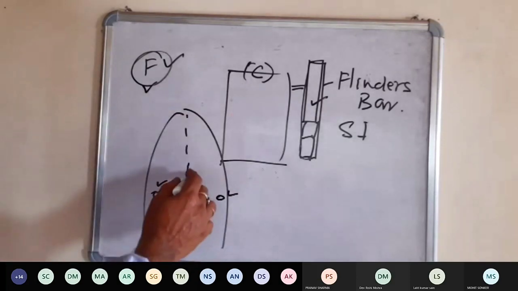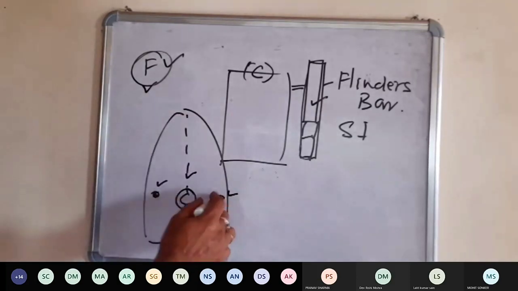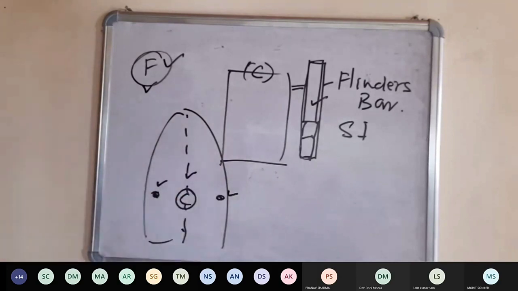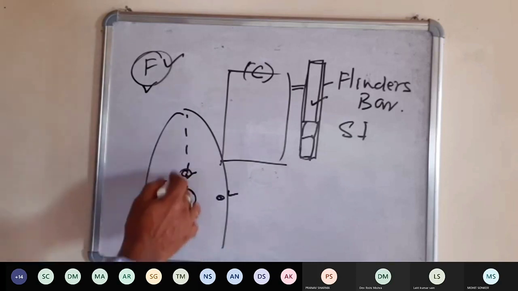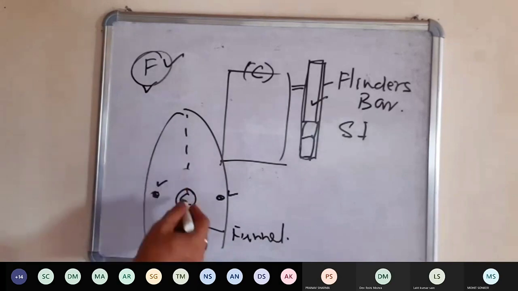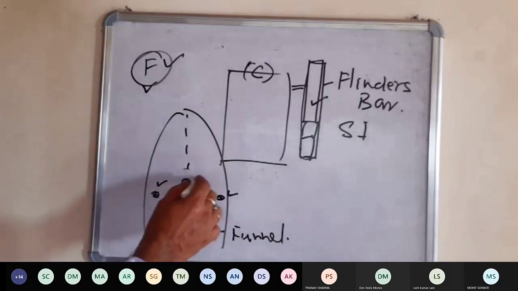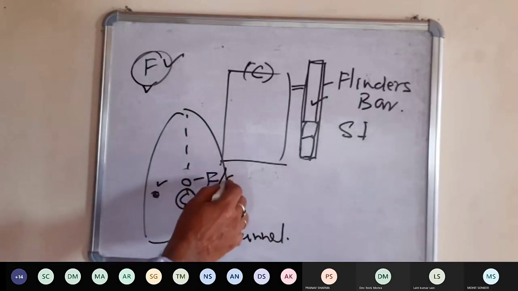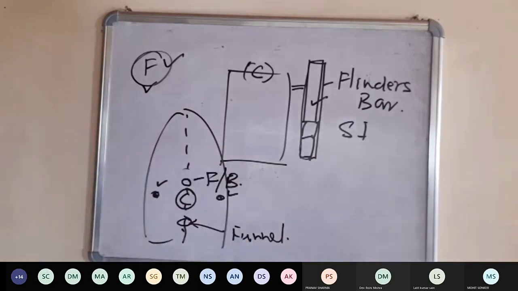Forward aft wali jo hai, that will be there. Vertical irons in the athwartship direction may not be available, but this may be present. The forward aft may be present, and most likely this one is the funnel. And that is what we are doing. To compensate this, we are placing a Flinders bar at the forward.